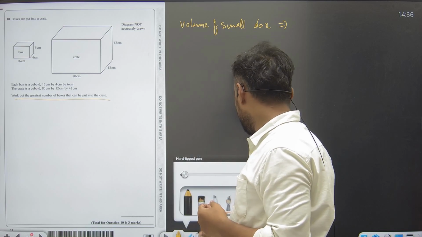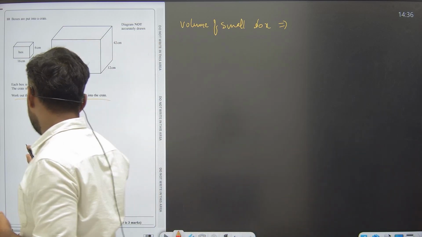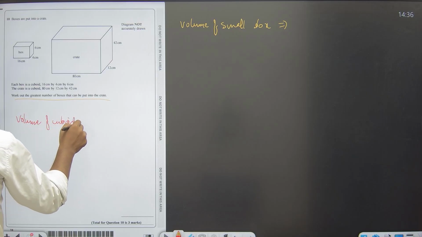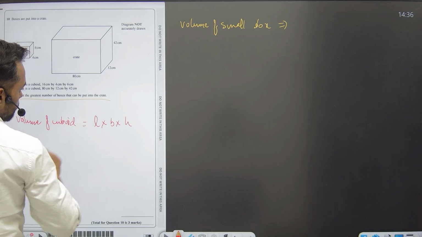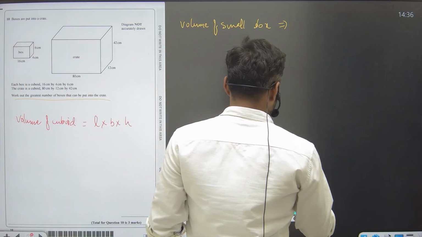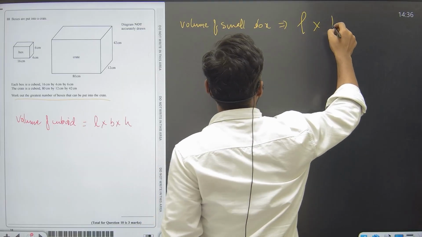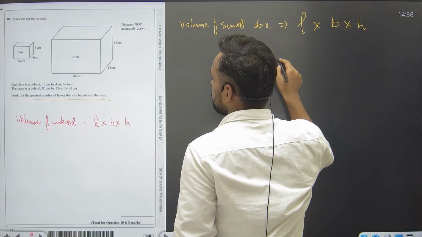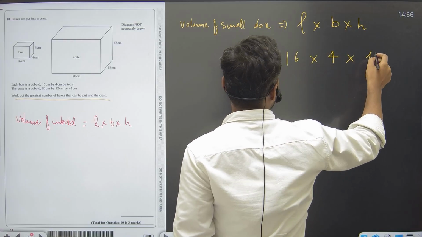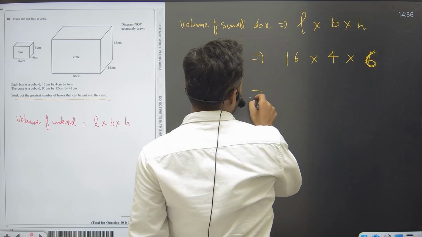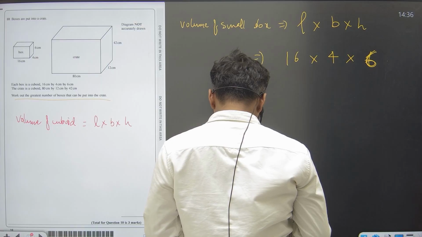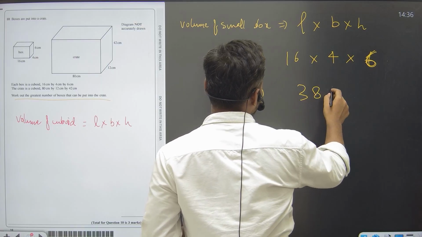So the volume of a cuboid is L cross B cross H, for those who don't know. So the volume of a small box will be L cross B cross H, which is 16 cross 4 cross 6. That is equal to 384 centimeter cube.